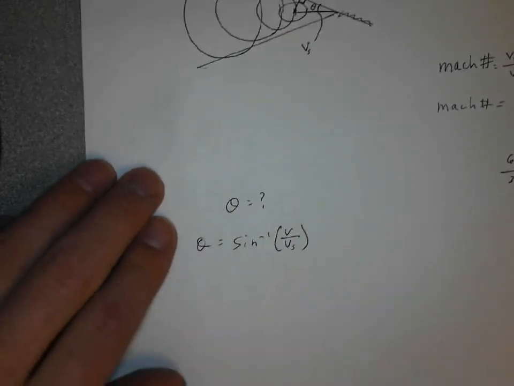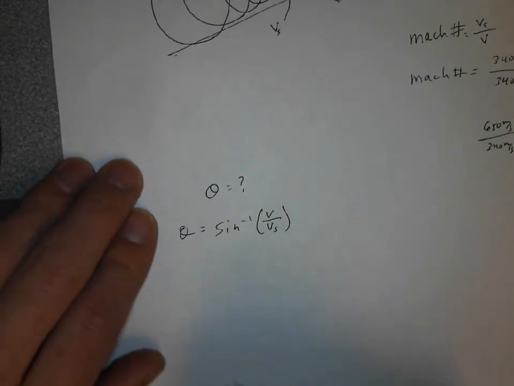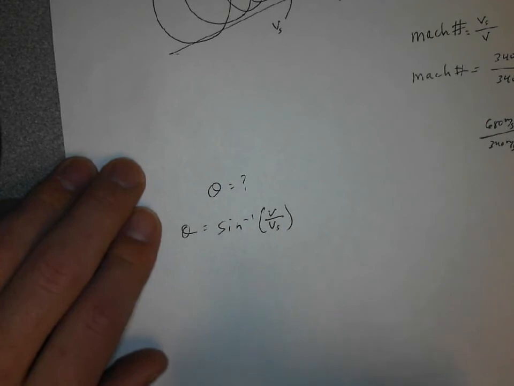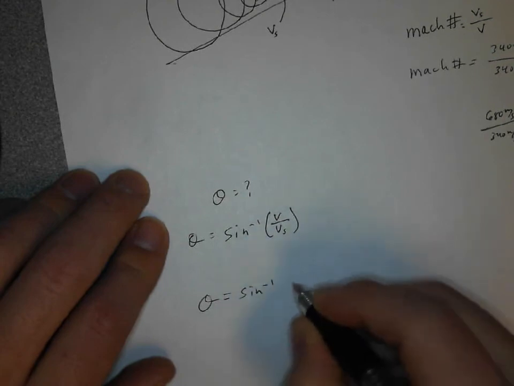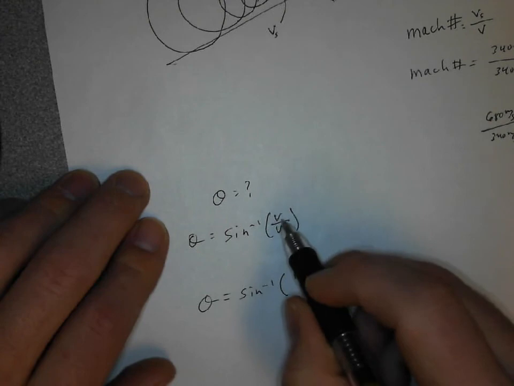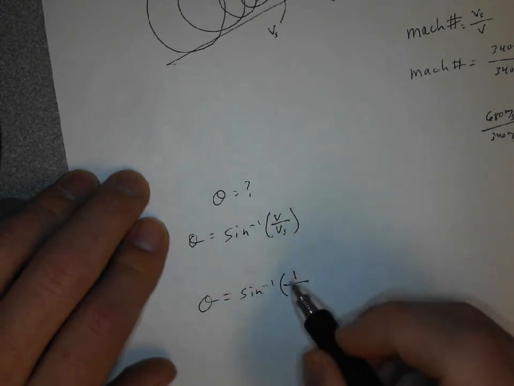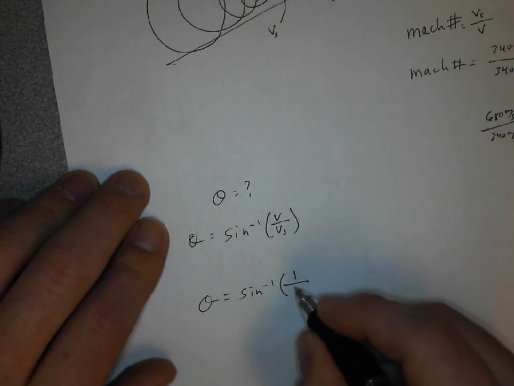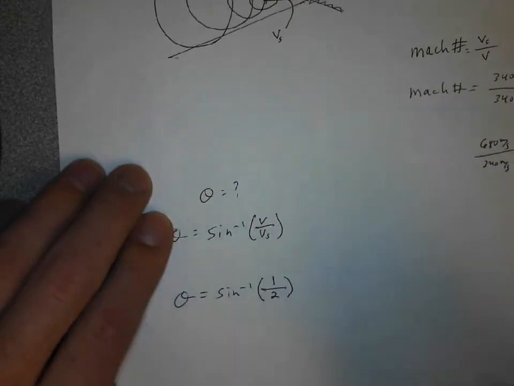That's my general equation. Now I can plug in the numbers one of two ways. I can put in my angle is equal to the inverse sine of Mach 1 for the speed of sound, which is v, divided by Mach 2, because I'm going twice the speed of sound. And I would get my answer.